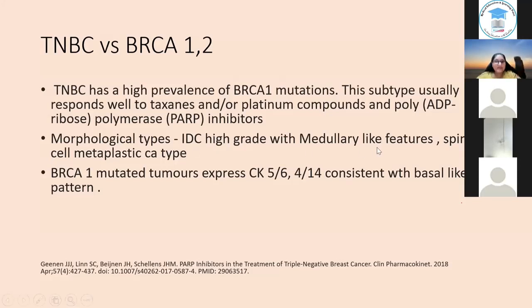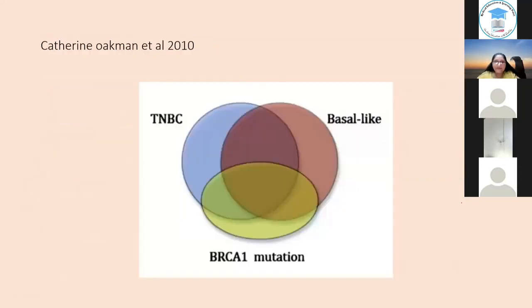IDC with medullary-like features and spindle cell metaplastic types are positive for BRCA1. The cells which are positive for BRCA1 express CK5/6 and CK14 and are consistent with a basal-like pattern. This is a very important point. The blue circle of TNBC, positive for basal-like, is this area.